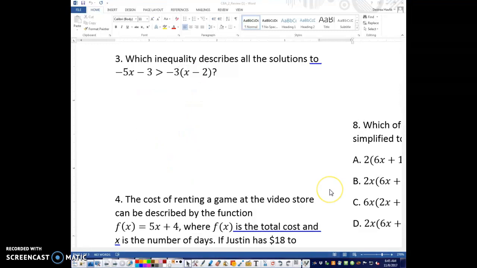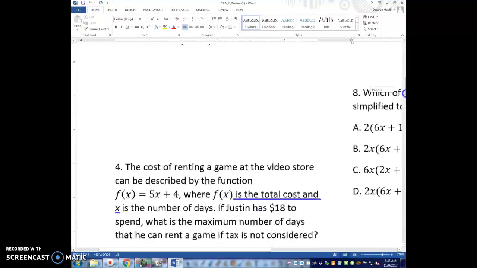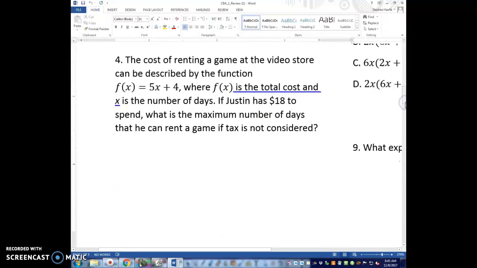Okay, number 4. The cost of renting a game at the video store can be described by the function, where f of x is the total cost and x is the number of days. If Justin has $18 to spend, what is the maximum number of days that he can rent the video game if tax is not considered? Okay, so total cost he has is 18.